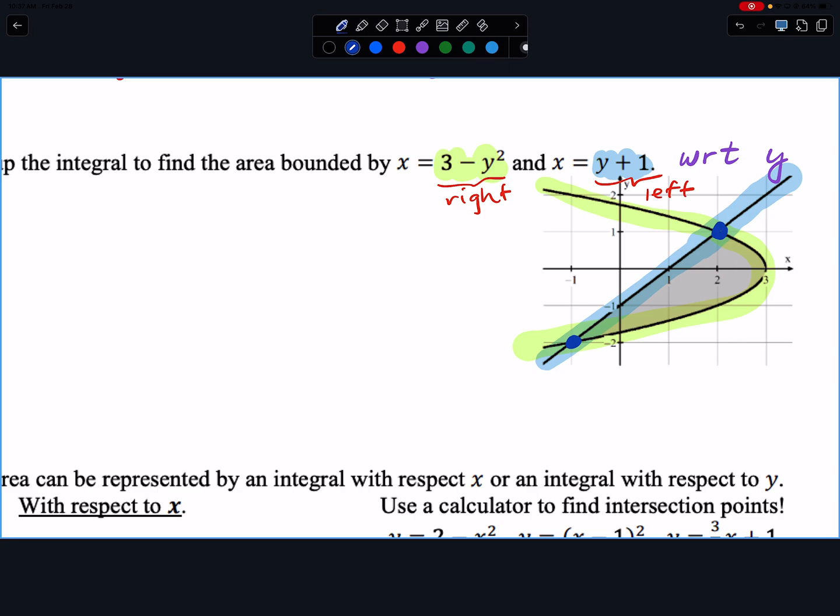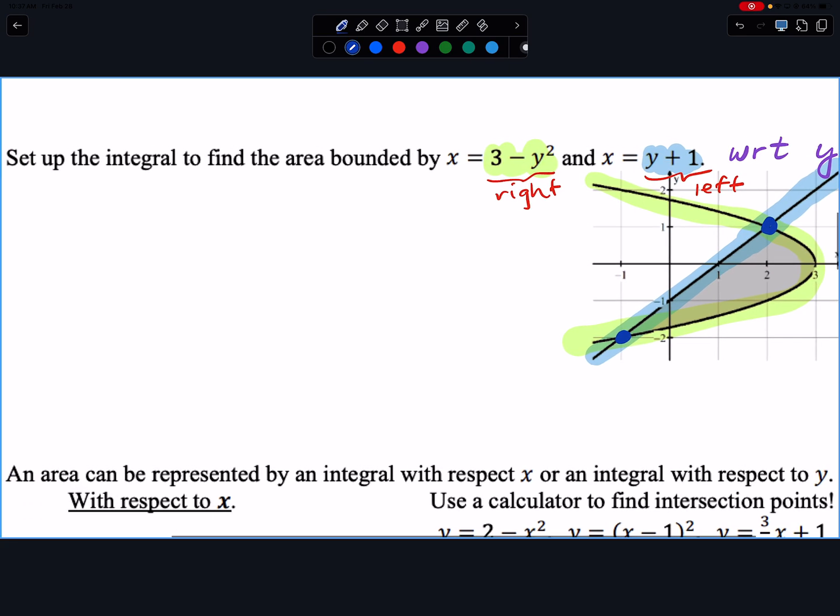So what's the lower bound? -2. And then what's my top bound? 1, good. Of right minus left, so it's going to be 3 minus y squared minus y plus 1.